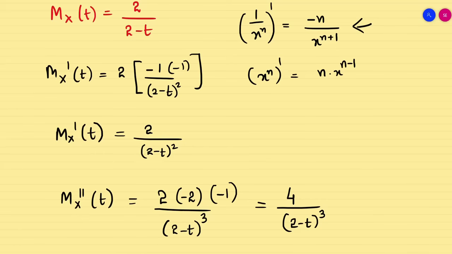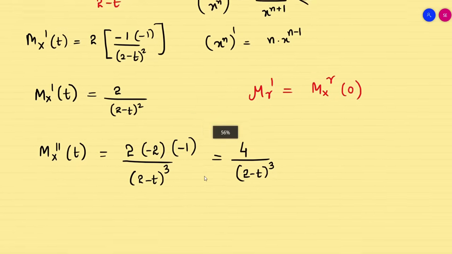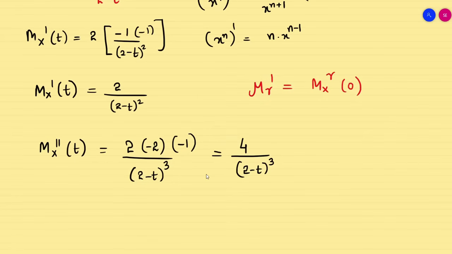Do you remember? My mu r dash is equal to Mx r of 0. Okay, let me do it. It's very simple, because there are some weak students, and they will suffer. So my mu1 dash is going to be simply what?